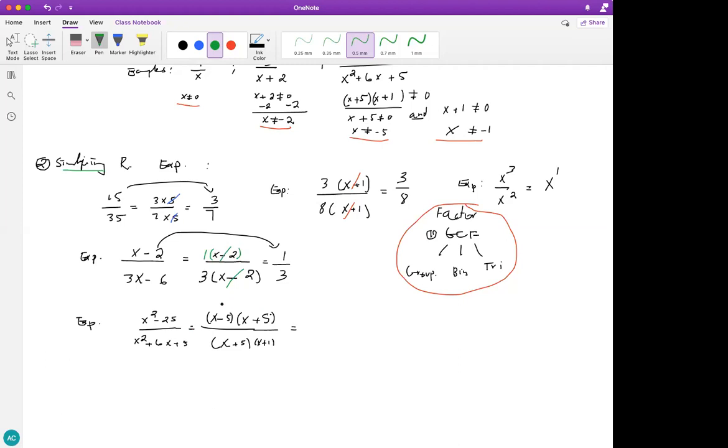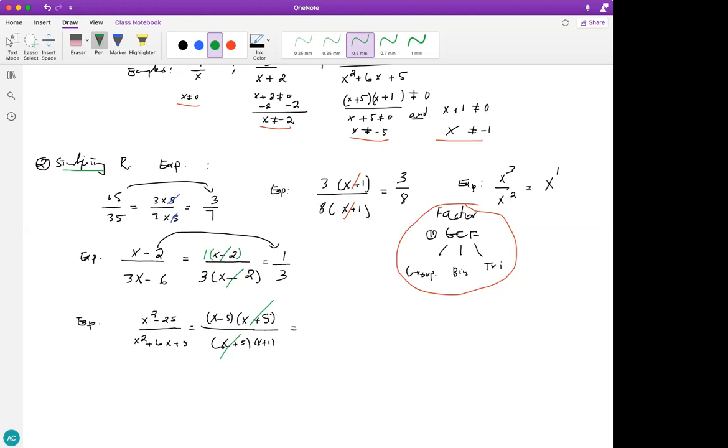Everybody else, what happens after this expression? So x plus 5 times x plus 5, so we're going to have x minus 5 divided by x plus 1.